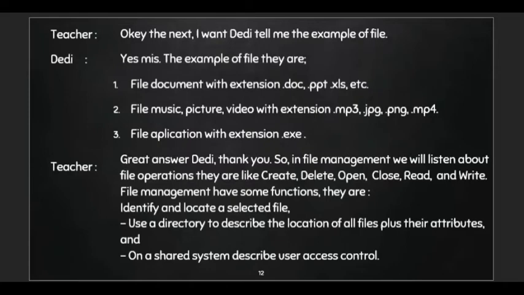And the third is application files, usually with extension .exe. Great answer, Daddy. Thank you. So in file management, we will learn about file operations. They are create, delete, open, close, read, and write. File management has some functions. They are to identify and locate a selected file, and second, use a directory to describe the location of all files plus their attributes, and on a shared system, describe user access control.